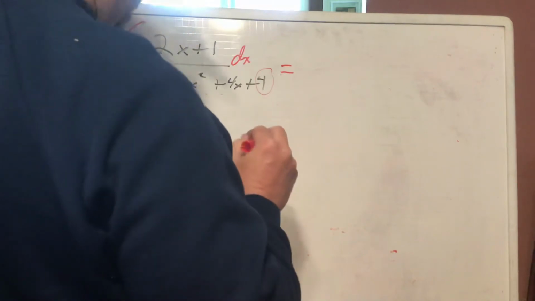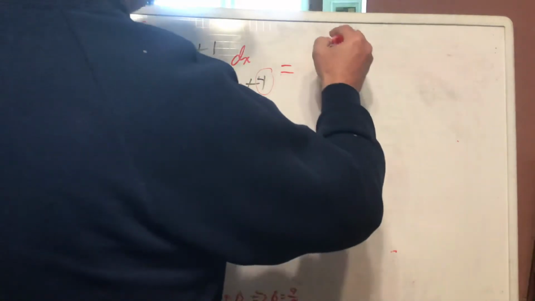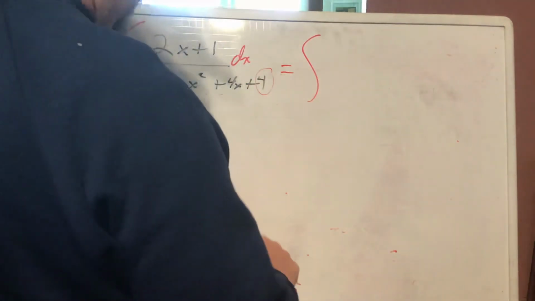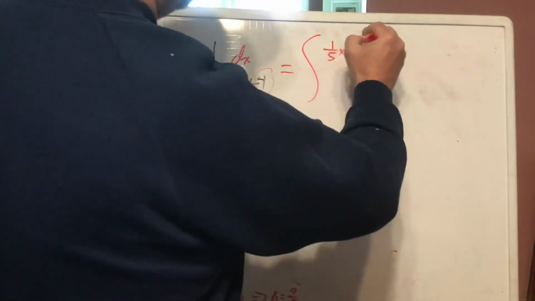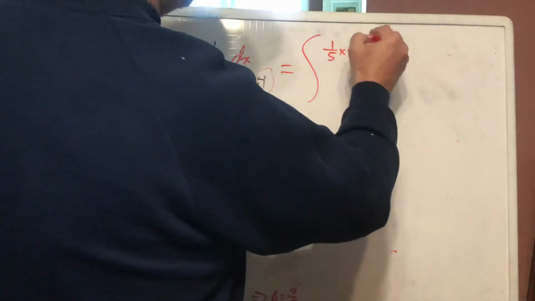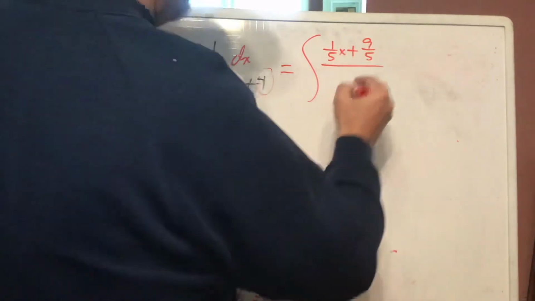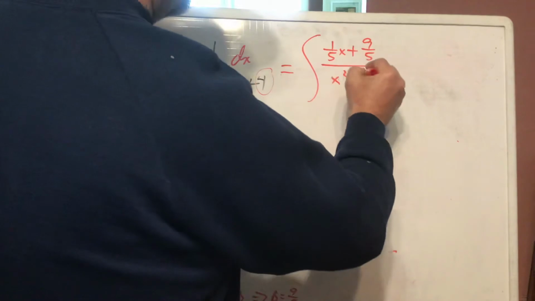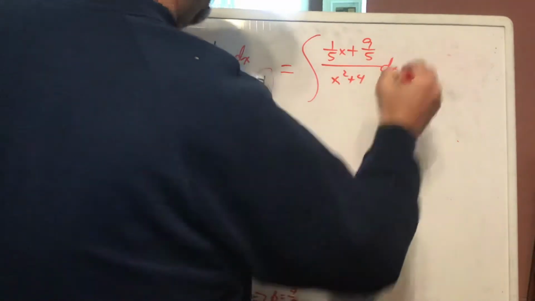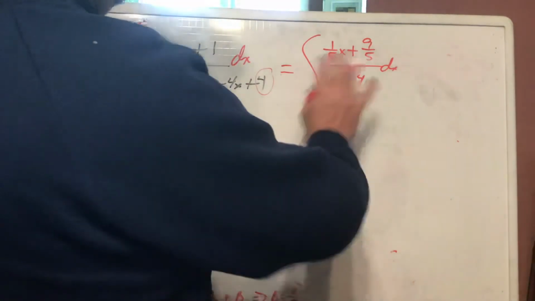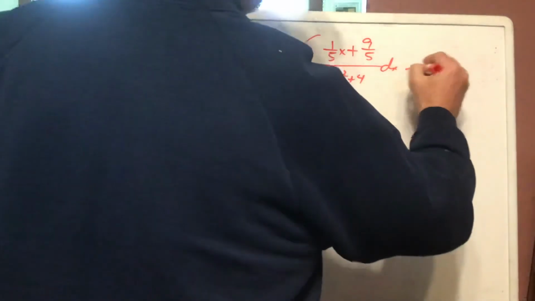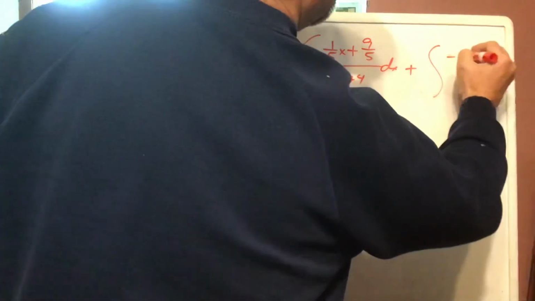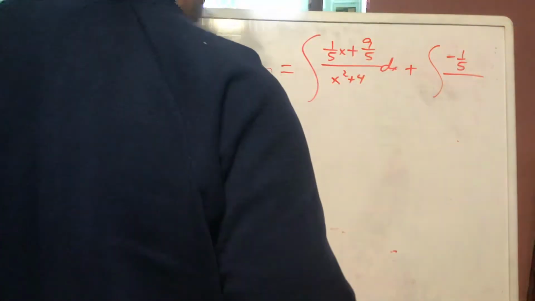Then that breaks into the integral of, and we had ax plus b, so that is 1/5 x plus 9/5. And that was all over the x squared plus 4 term. That's one of the terms that I'm going to have, which can itself be broken into separate terms. And the other term that I had was plus c over x plus 1, so c is minus 1/5.